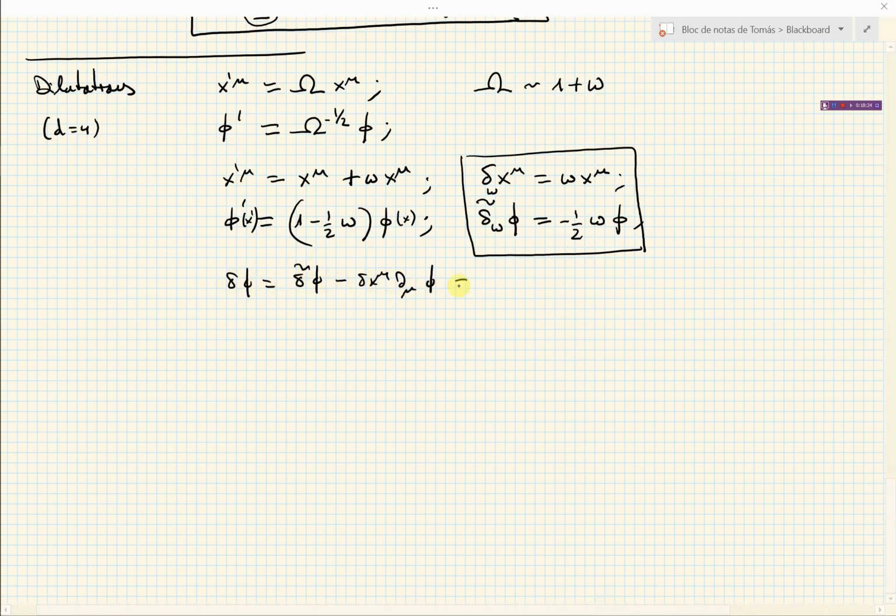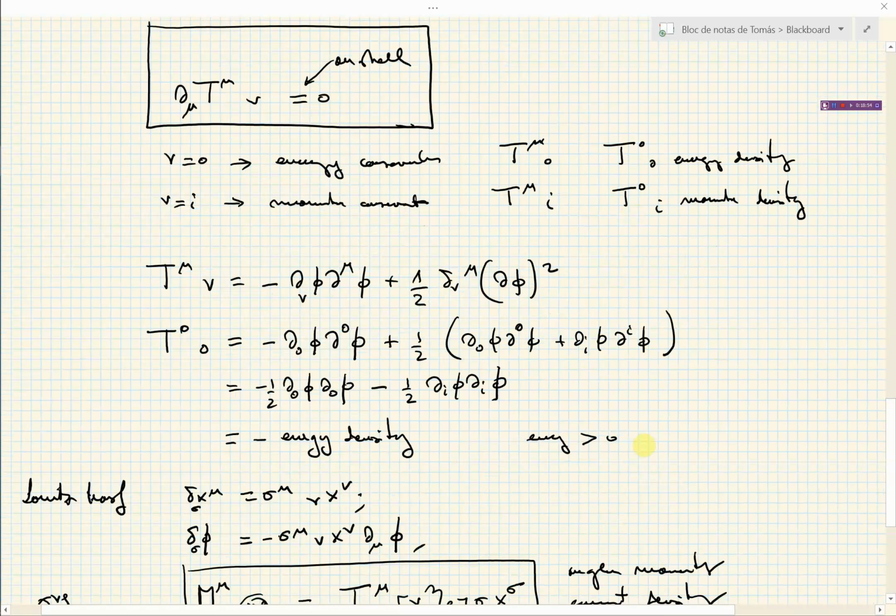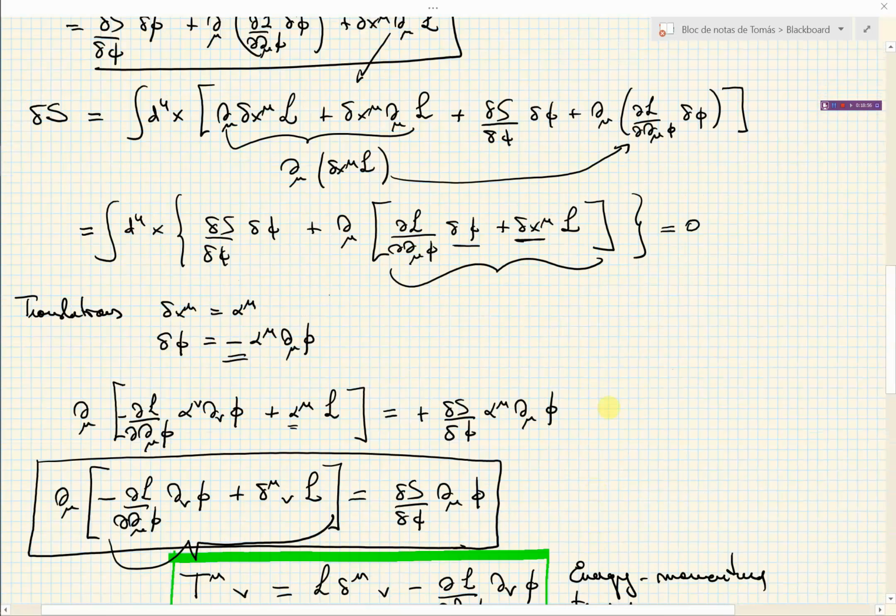So this is minus a half omega phi minus omega x mu d mu phi. This is the transformation that one has to substitute in the expression for the conserved current up here.